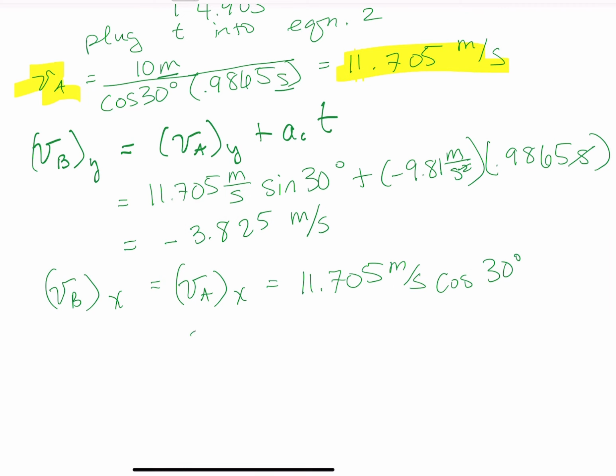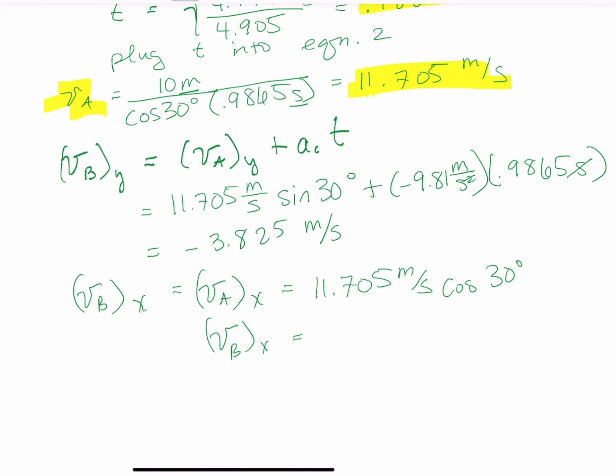We're trying to find VB sub x. I'm just going to calculate that out. It equals 10.137 meters per second. So that's VBX, we have that VBY.